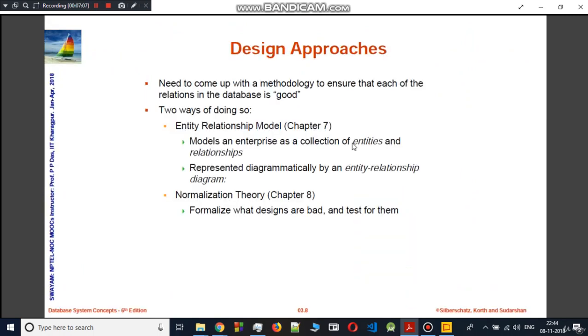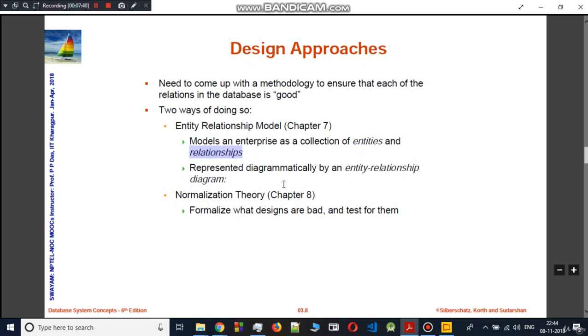Now, what are the design approaches? Why do we design? We need to come up with a methodology to ensure that each of the relations in the database is good. There are two ways of doing so. One is the entity relationship model, which models an enterprise as a collection of entities and relationships. One entity is a table, and a relationship means, for example, instructor teaches student, where teaches is a relationship, represented diagrammatically by an ER diagram.